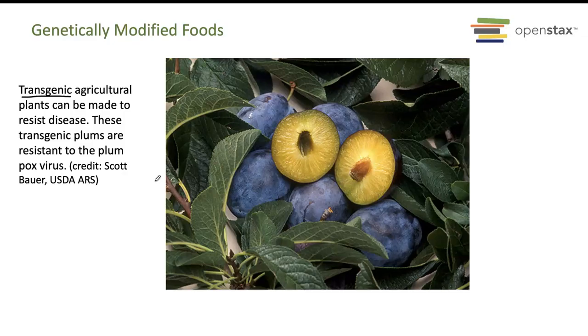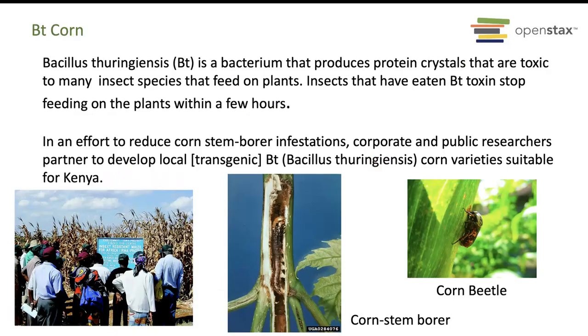So they want to make the plants very hardy, very resistant to bugs, and maybe even choose the ones that grow the best fruit and see what genes can be modified to make really good, consistent fruit. And these plums are resistant to the pox virus. So there's a plum pox virus. We've heard of monkeypox, right? There's a plum pox. So they're resistant to that.